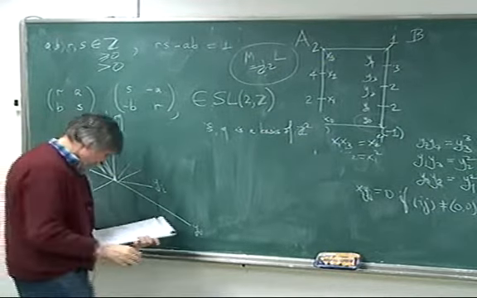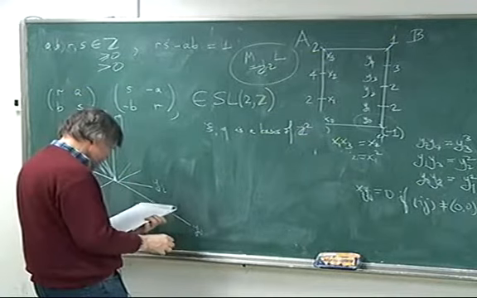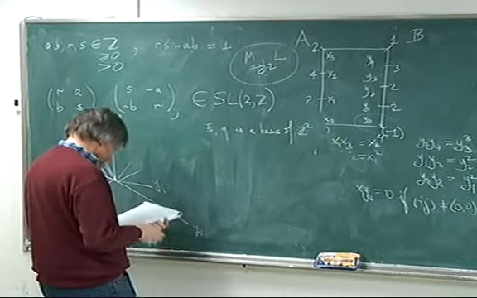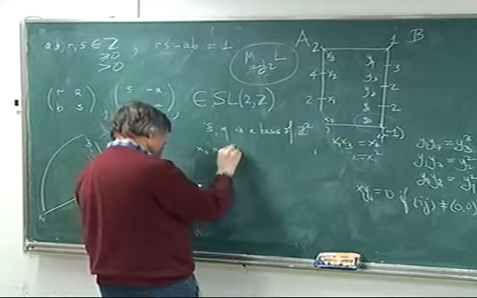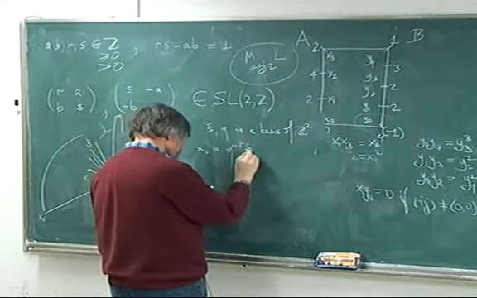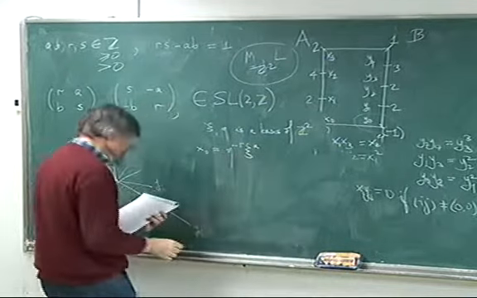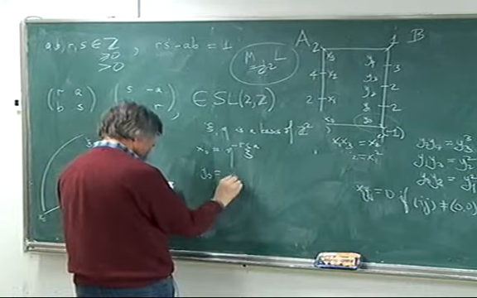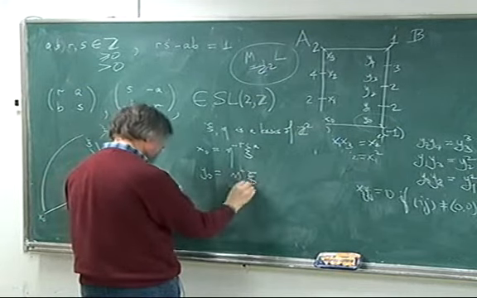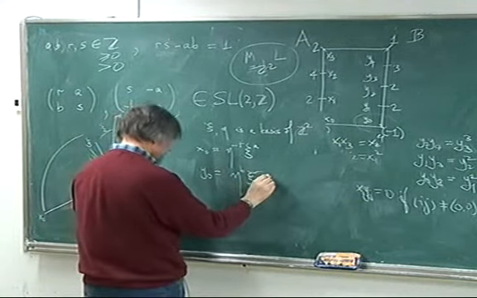Right, and then I specify x naught equals eta to the minus r psi to the a, and y naught to be eta to the b and psi to the minus s.